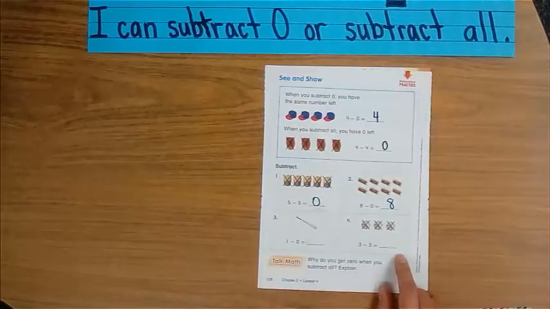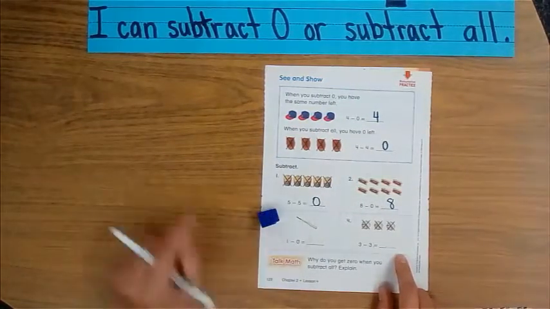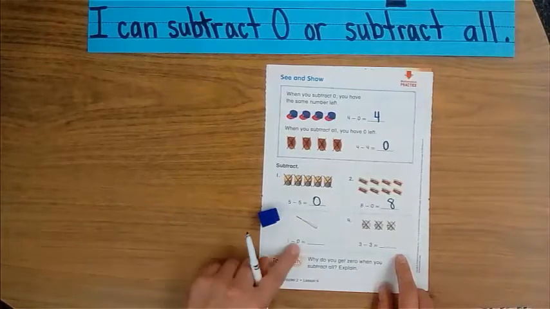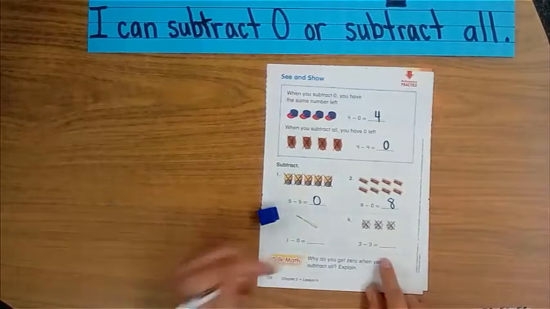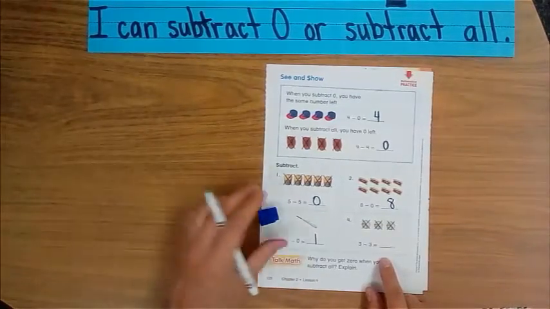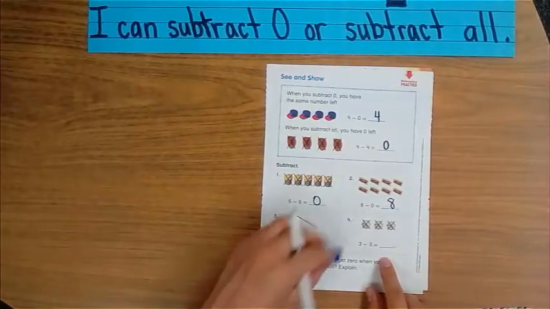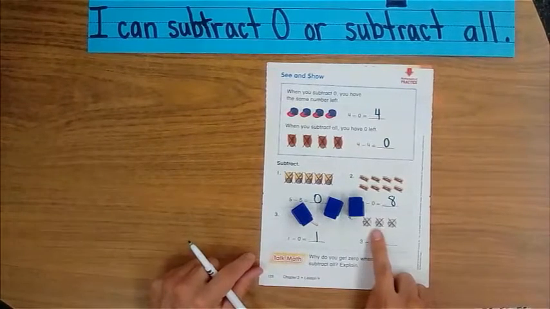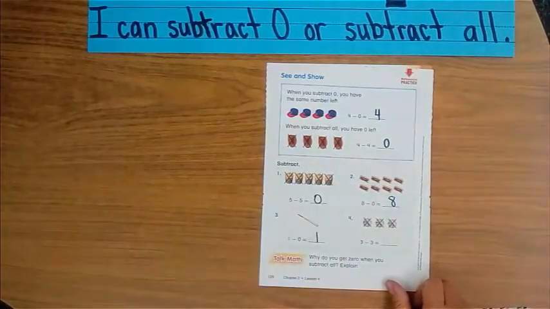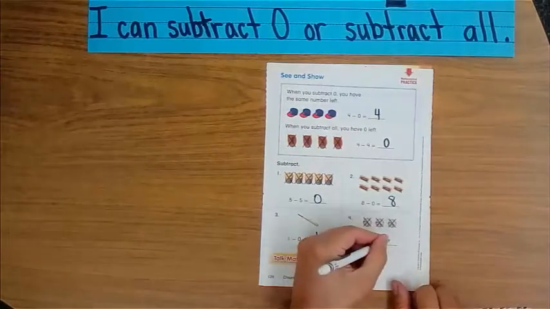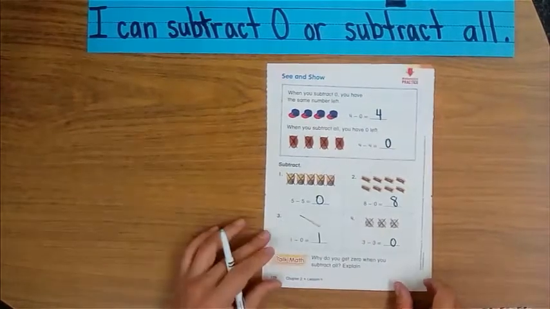Okay, what if I have 1 baseball bat and I take away 0 baseball bats? How many do I have left? 1. Okay, now what if I had 3 baseballs, and then I took away 3? How many do I have left? That's right, 0. Great job.